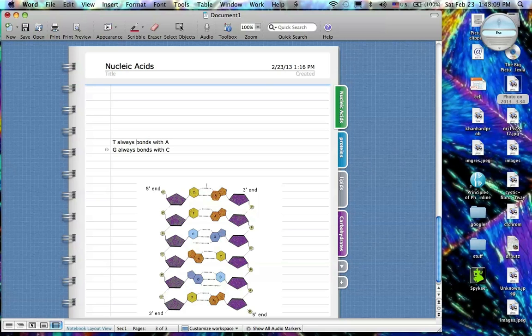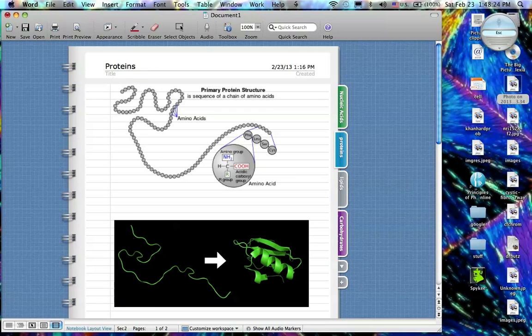Now, what does that do? What does DNA create? It tells the cells to make proteins. And here are proteins. Proteins are known as polymers of amino acid monomers.